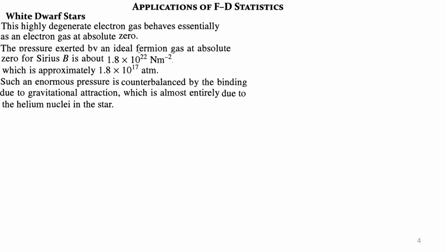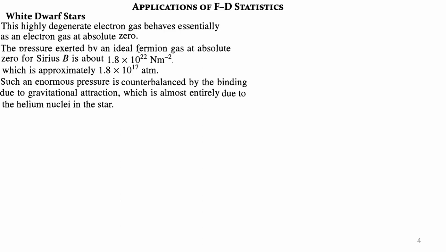In the case of metals, we had given an argument. We had calculated the pressure in the case of metal as well, and that was also very high in comparison to atmospheric pressure. But then the reason for stability of the metal was the presence of atomic nuclei there, which were somehow holding them together.